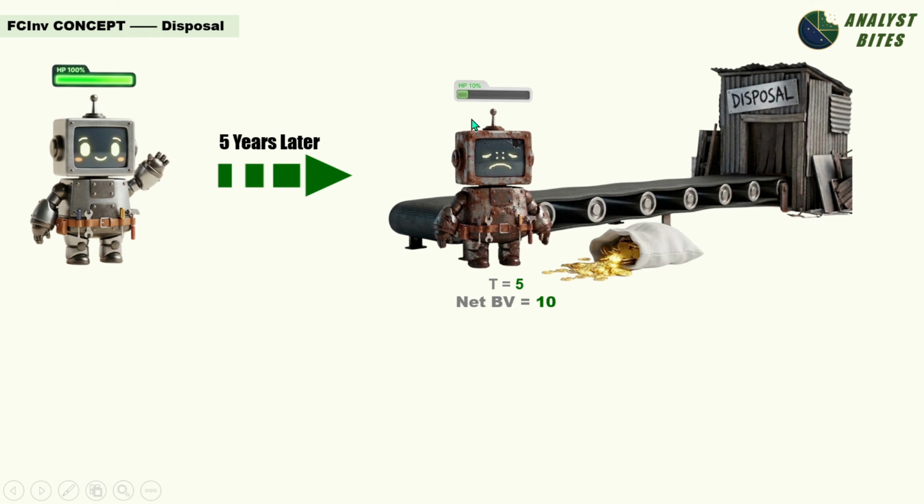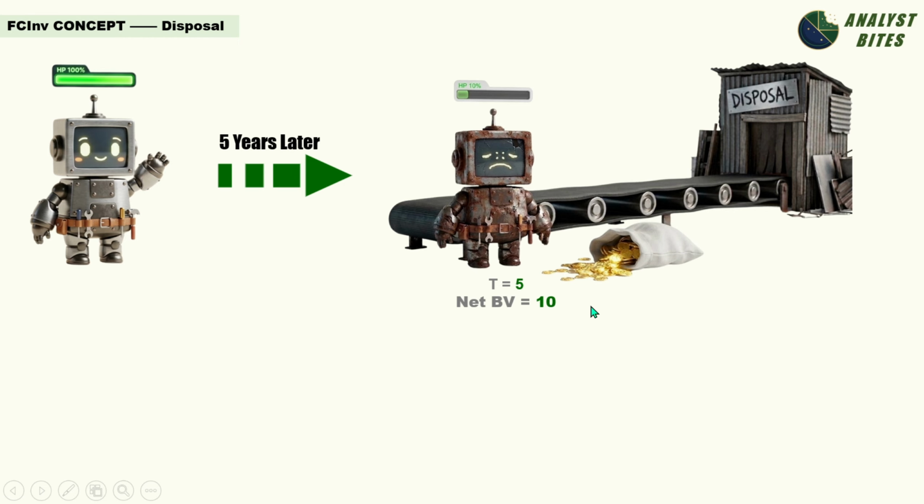Now that we've covered buying, let's look at disposal, selling of old equipment for cash. This acts as a reduction in our fixed capital investment. Let's look at the final chapter of our little robot. After 5 years, its HP bar is down to 10. The factory sells it to a scrap yard to extract its remaining value.